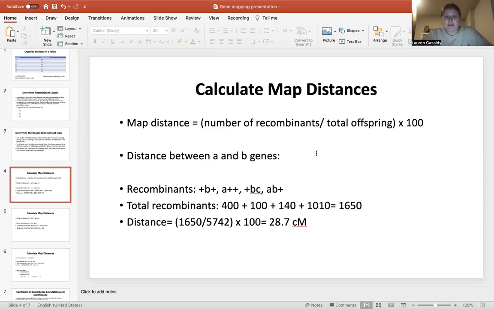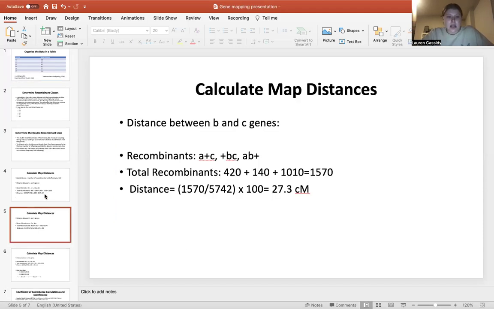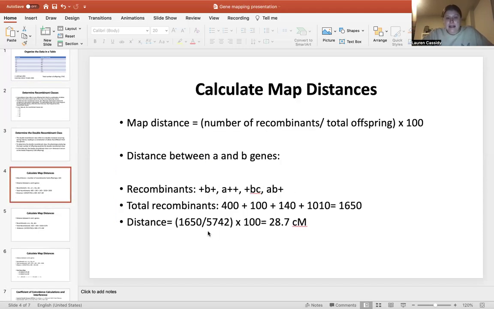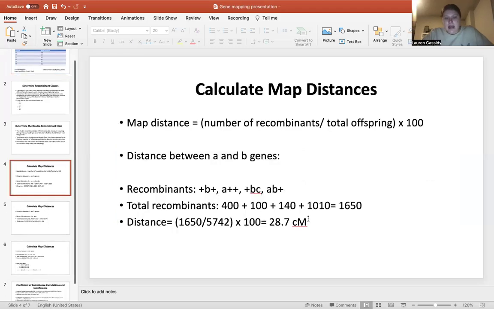So here for A and B, we take the recombinants, and then we add up the total number of offspring from the table for each recombinant class, and we then add that and divide that by the total number of offspring, which is 5,742, which is all of these added up. And that produces 28.7 centimorgans, which is the unit of measurement for gene distance.